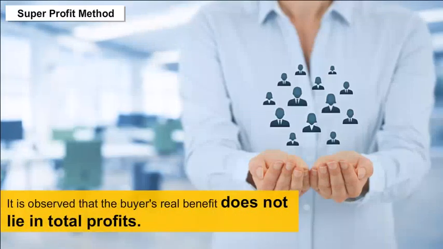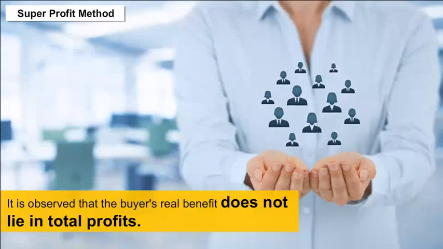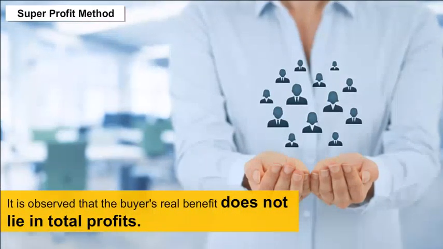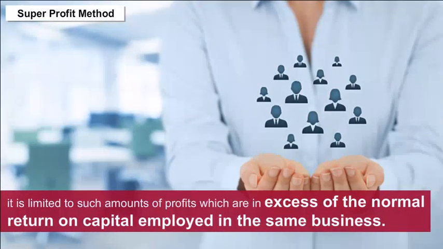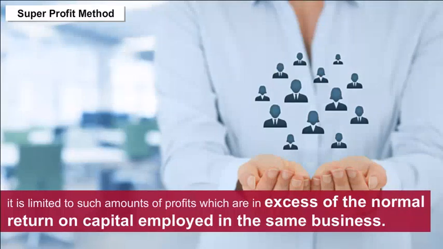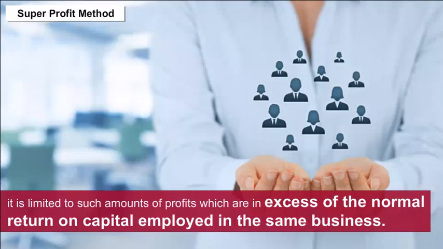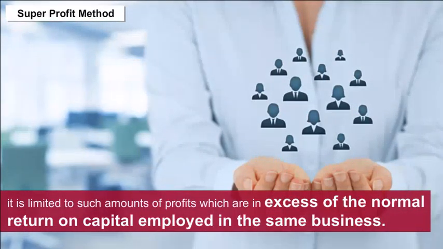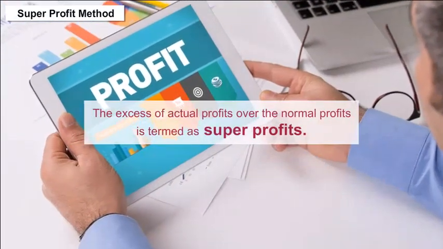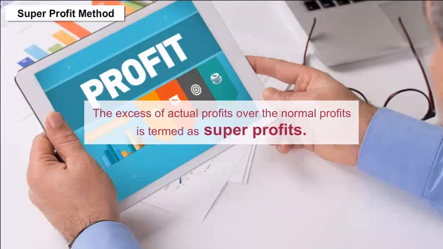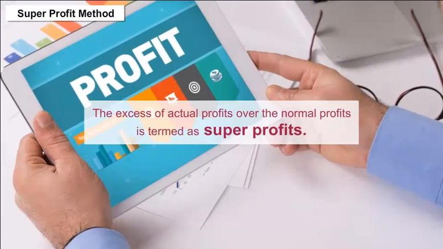But it is observed that the buyer's real benefit does not lie in total profits. It is limited to such amounts of profits which are in excess of the normal profit on capital employed in the same business. The excess of actual return over the normal profits is termed as super profits.